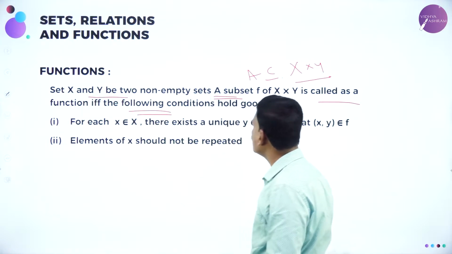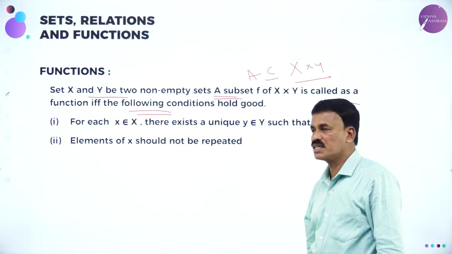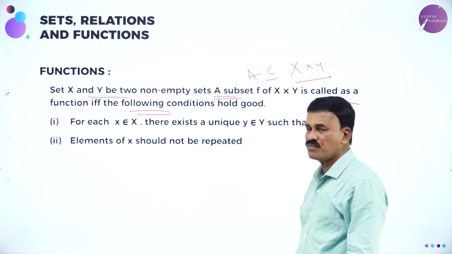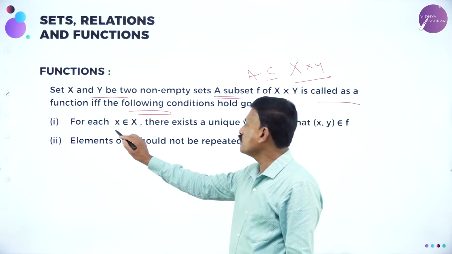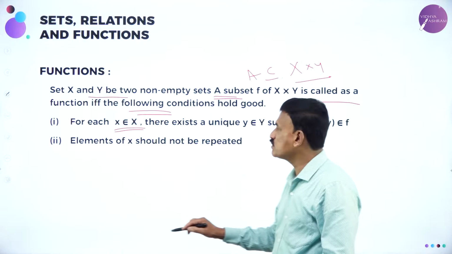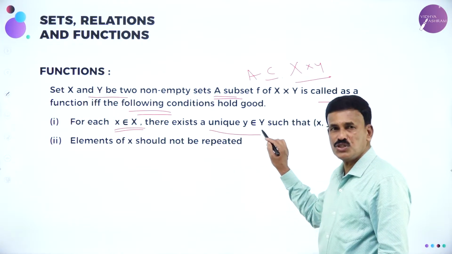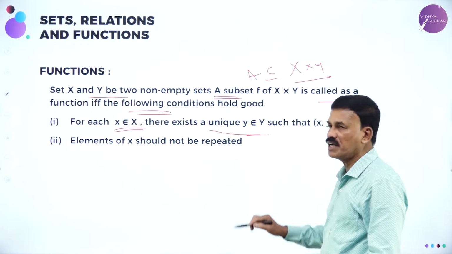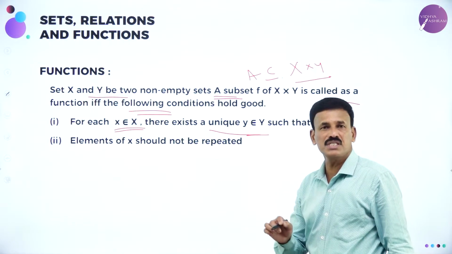A is called a function if and only if the following conditions are satisfied. What are the conditions? For every element x belonging to X, there exists a unique element y belonging to Y such that (x, y) belongs to f. So there is a unique association.